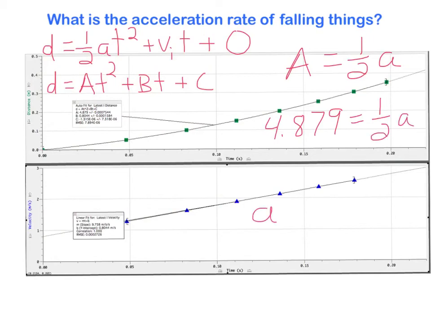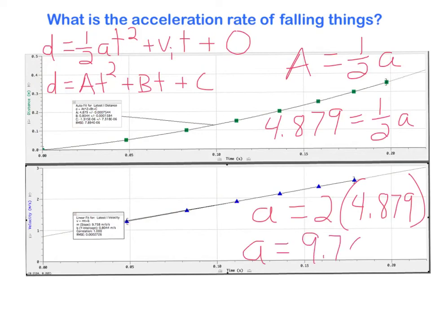So the acceleration would be twice 4.879, which if I round off to 2 decimal points is 9.76 meters per second squared. And that means that this object that was falling had an acceleration rate of 9.76 meters per second squared, or that it sped up by 9.76 meters per second every second.